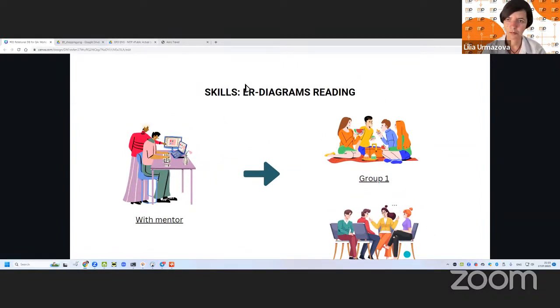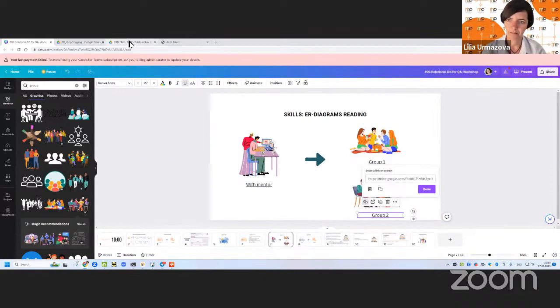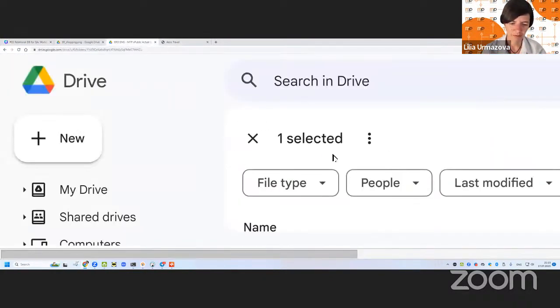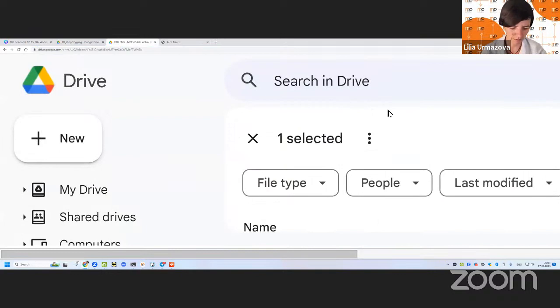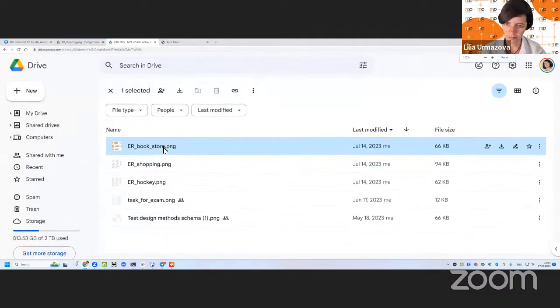Group 2 is here. So, this is the ER shopping, and this is the bookstore.